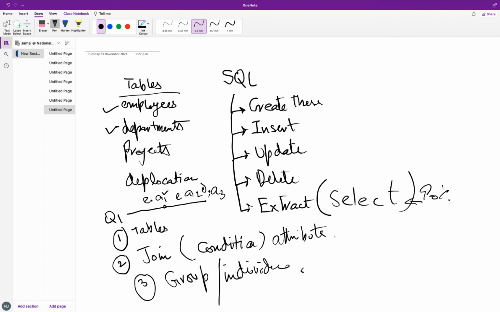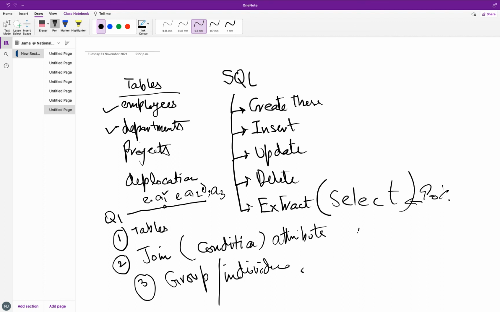If the query is saying how many employees are working in the marketing department, it's aggregation, right? Summarization of something. Whenever a query is asking about aggregation or summary, it means that I do require a group by statement. So this is the third criterion to check: do we require some sort of group or not?